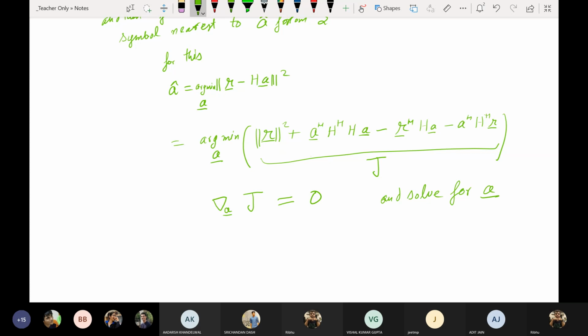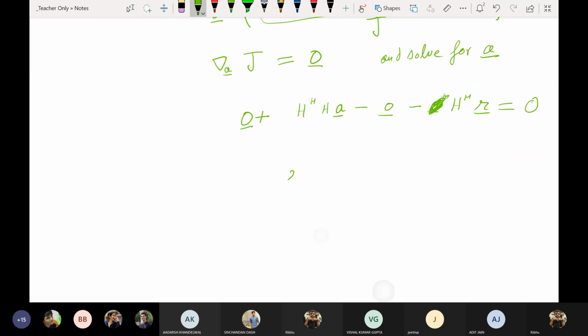So differentiating this, 0 plus, actually this is a vector. Zero. Right? Or H Hermitian H.